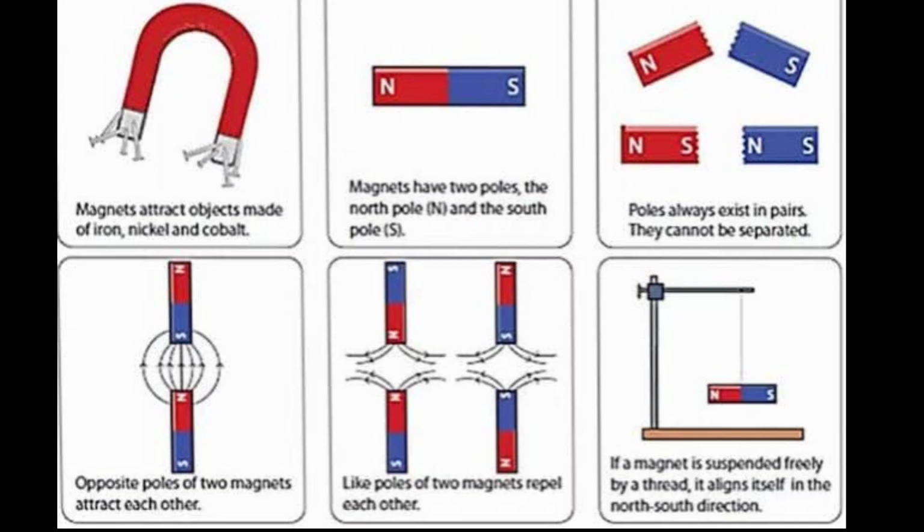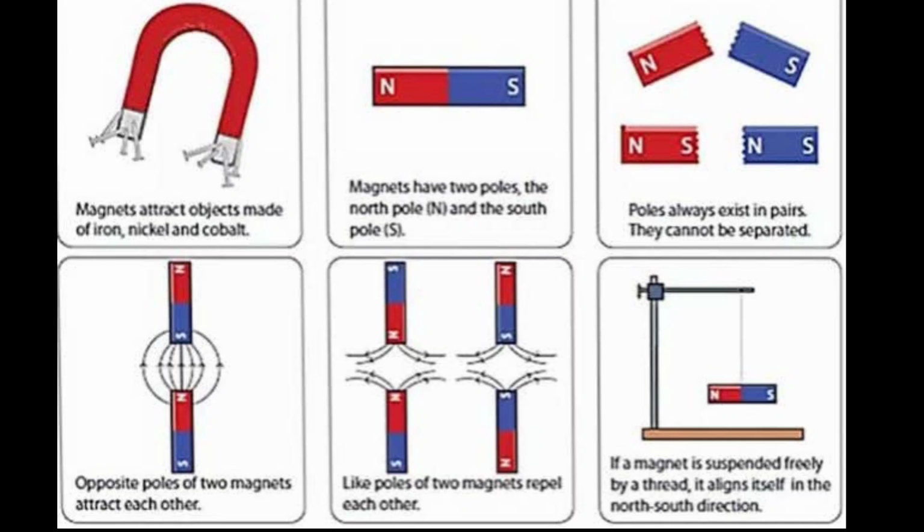Magnets also show the property of pairs. As magnets have two poles, north pole and south pole, poles always exist in pairs. If a magnet is cut into two pieces, it results in two complete magnets, each having both north and south poles. They cannot be separated.